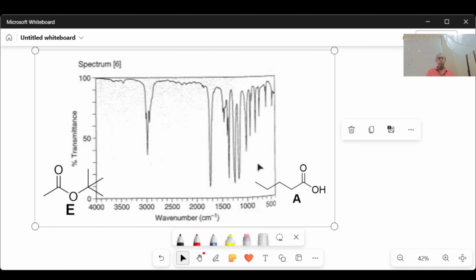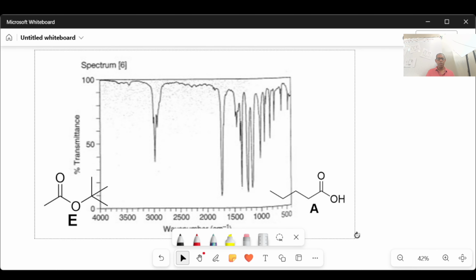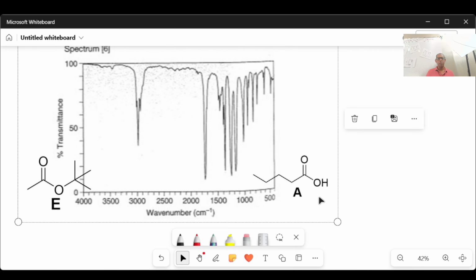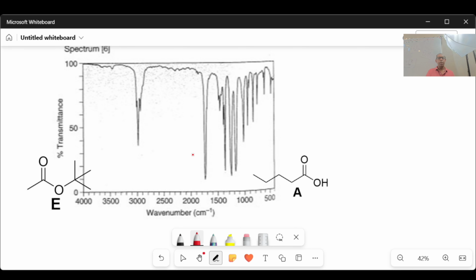Now exactly what you saw earlier. We just saw that one, a carboxylic acid versus an ester group. Now A and E are coming back, but now the spectra is different. As you see, this has a CO stretching frequency around 1750 or 1800.